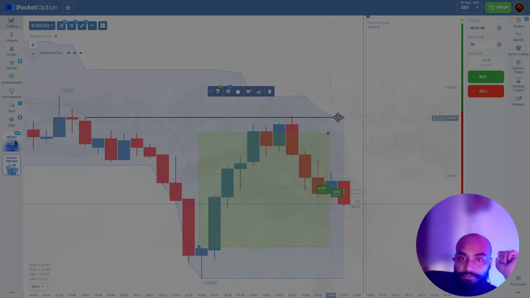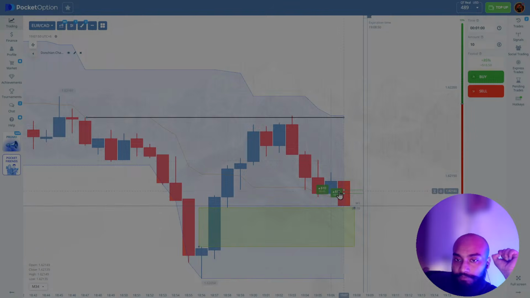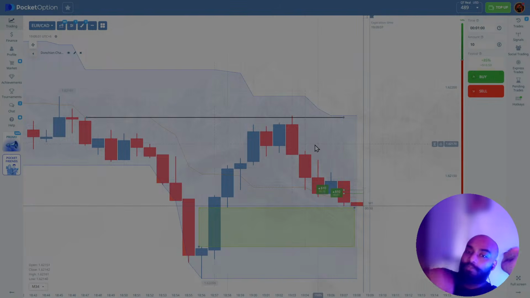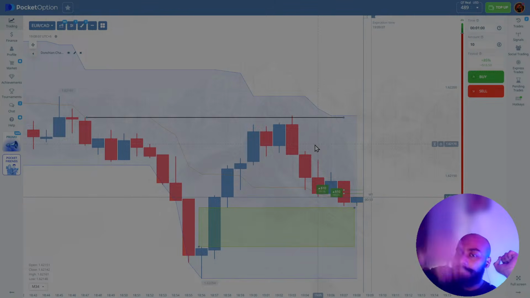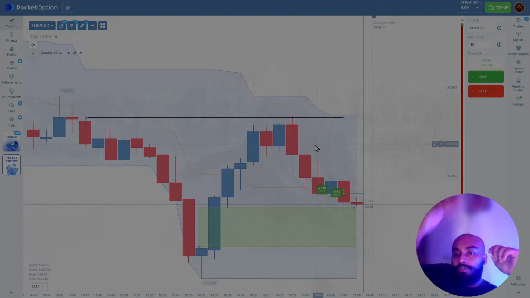If I trade from this zone, I would have a much better entry than if I place my trades in here, because this is the inefficiency in the market. Let's say you have a job at a paint shop to paint a wall. If you roll the painter once, it will not complete the paint, right?